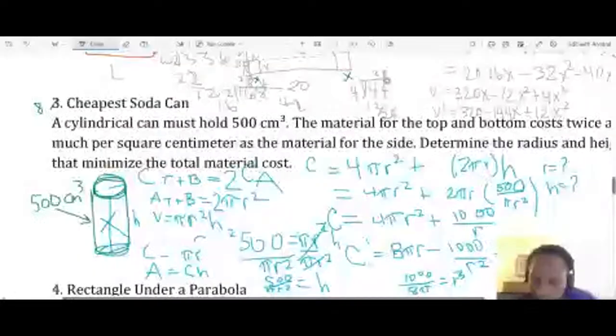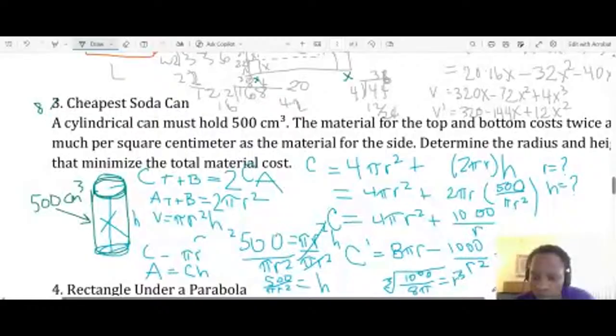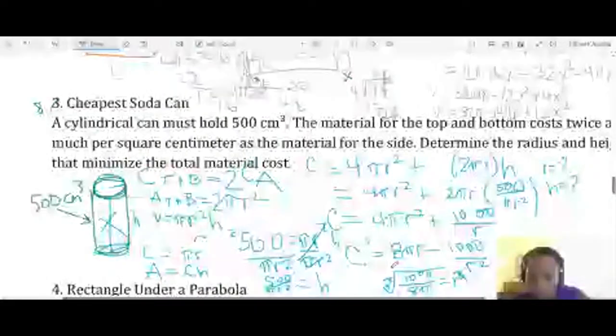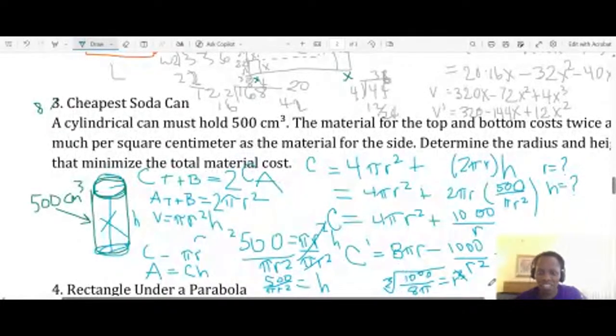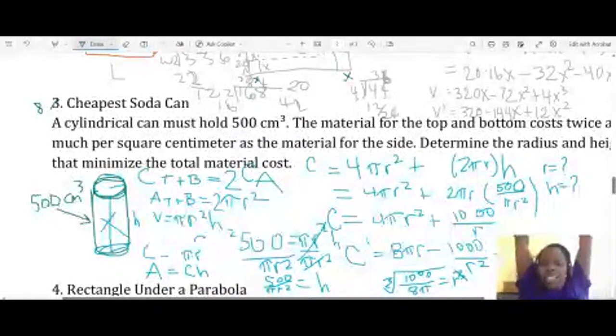So r is equal to the cube root of 1,000 over 8 pi. Oh, and that comes out really nice, because that's, no, not really.